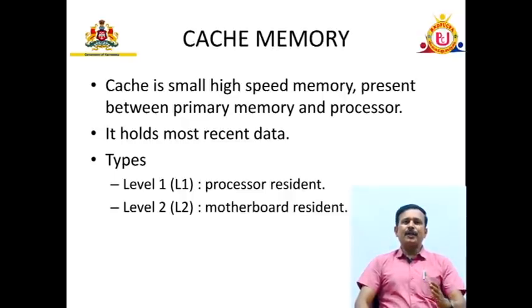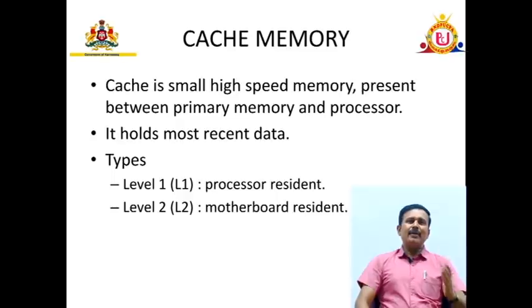So cache is a small, very high speed memory placed between RAM and processor. It stores most recently performed data. There are different types of cache memories: L1 cache, that is level 1 cache, L2 cache, also called level 2 cache, and L3 cache is also there.